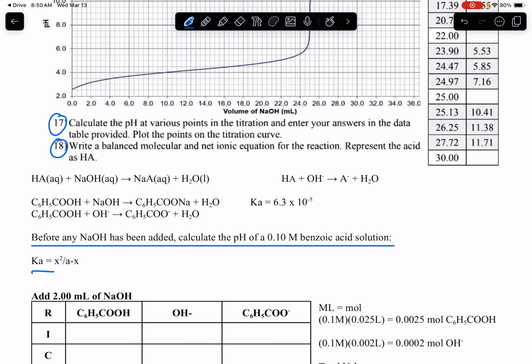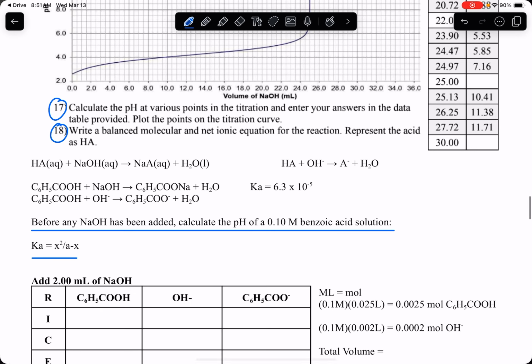We have the general equation of Ka equal to x squared over A minus x, because this is what you would get in the ICE table, where x is equal to H3O+ or H+, and A is equal to the concentration of the weak acid. And you get to ignore x in the denominator because it is so small that A minus x is still A when you round to significant figures.